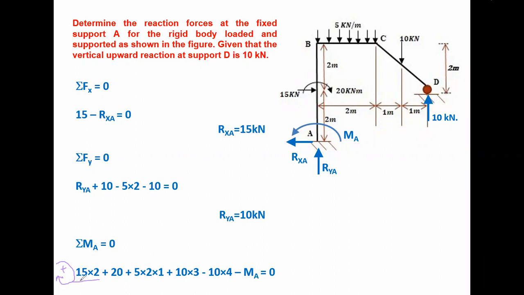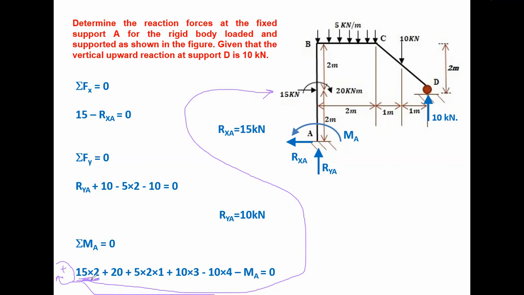15 into 2. Okay. So what is this term 15 into 2? This 15 into 2 is denoting the moment produced by this force 15 kilonewton. So how are we getting this 15 into 2? Why are we getting this 2? What is this 2 distance? So moment means force into perpendicular distance. So this 2 is perpendicular distance.